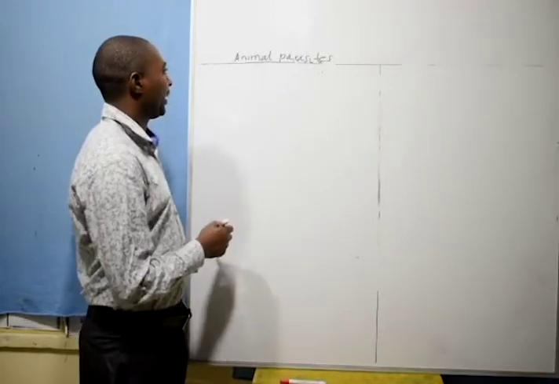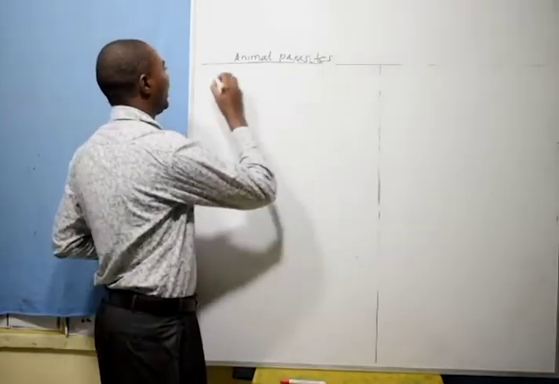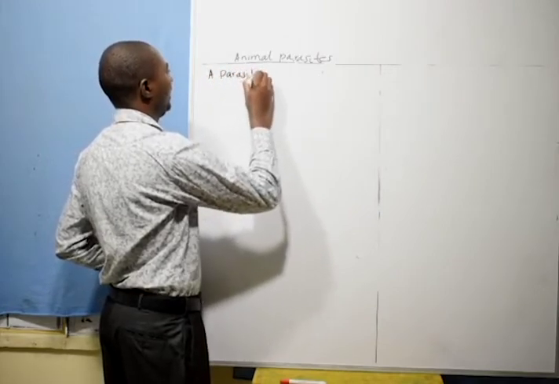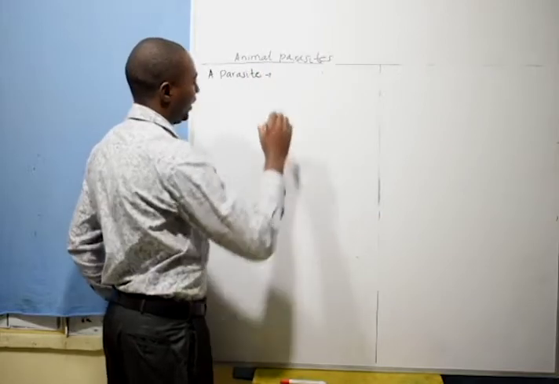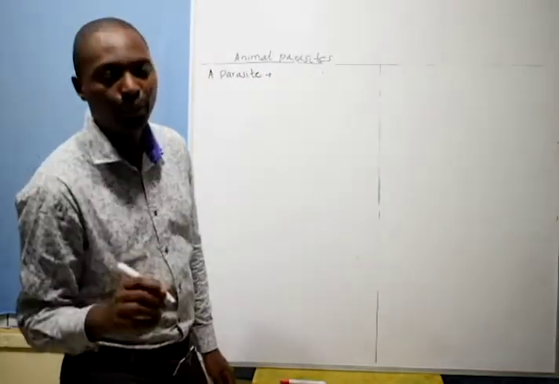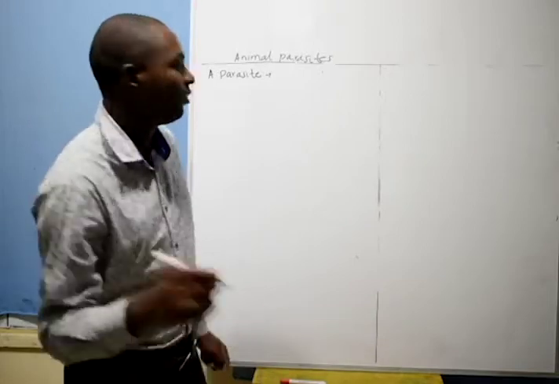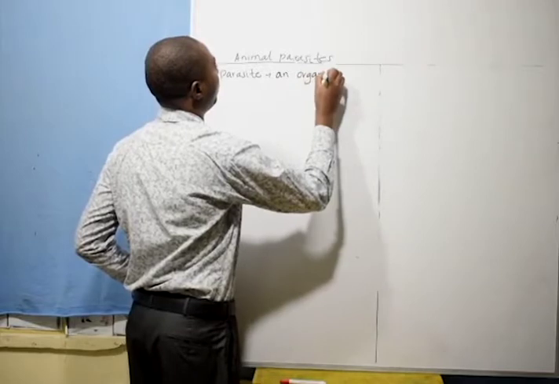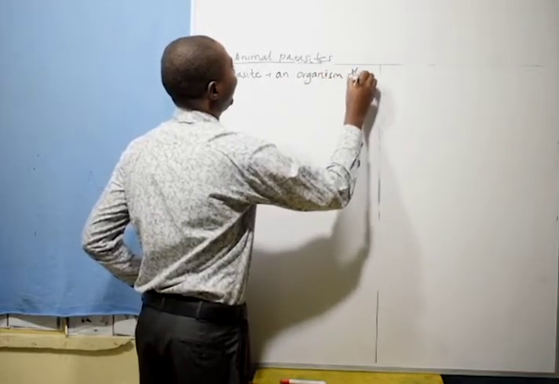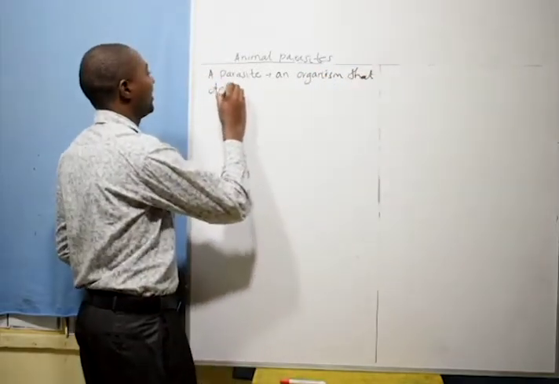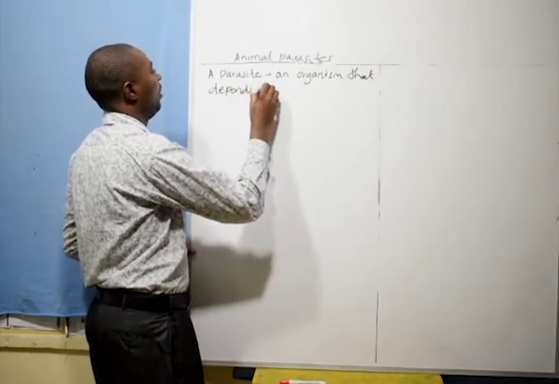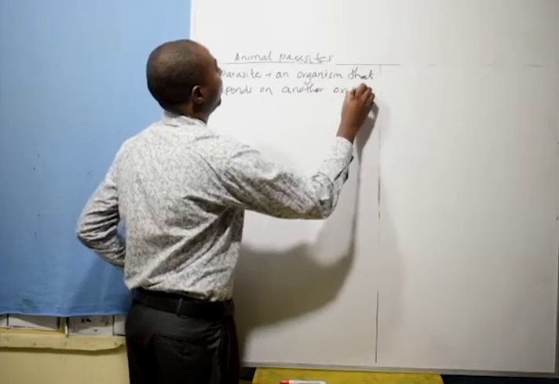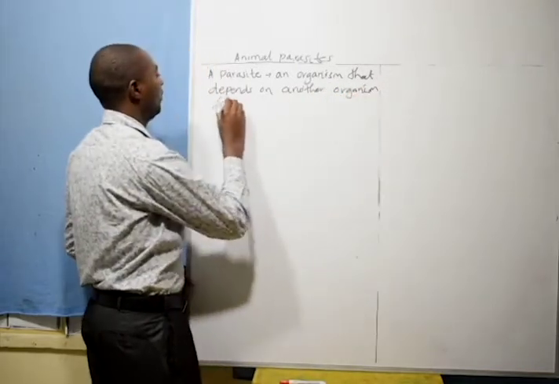And in the animal parasites, I would start by defining what a parasite is. A parasite is an organism that depends on another organism for food, for survival.